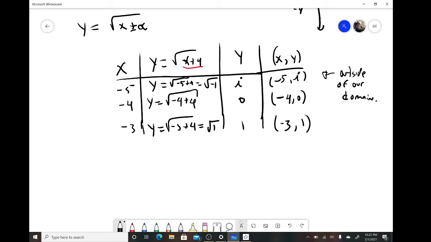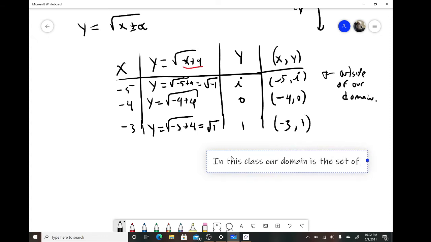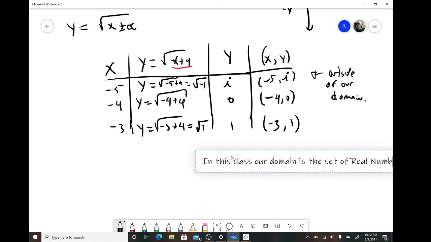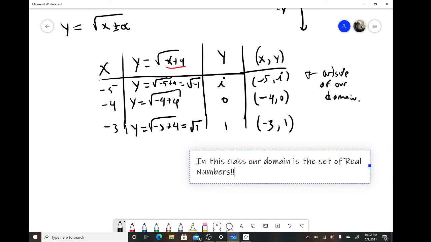In this class, our domain, this is very important, is the set of real numbers. We are not dealing with imaginary numbers in this class.